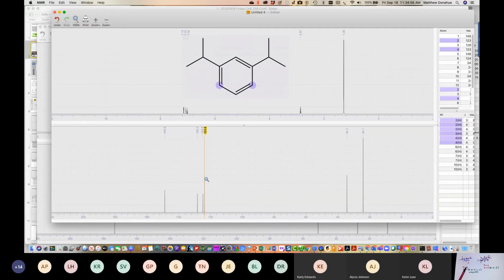So we're up to our 3rd unique carbon at 123.8, 124.8, 128.3, and then 148.8. So that's where you see the actual signals in the carbon NMR. So you came up with 6, and now you're visually seeing them. So 1, 2, 3, 4, 5, 6.